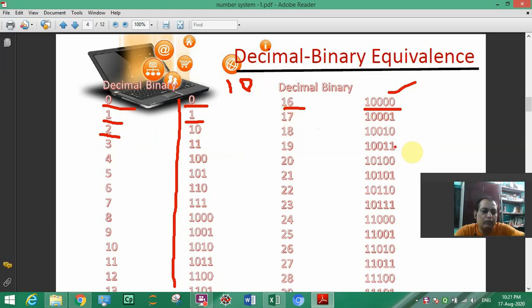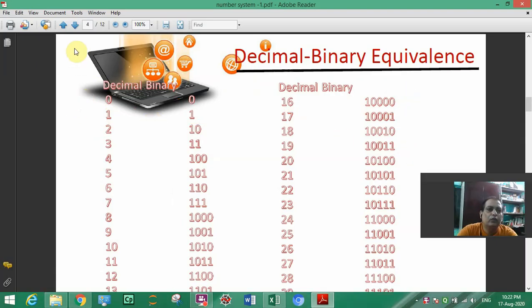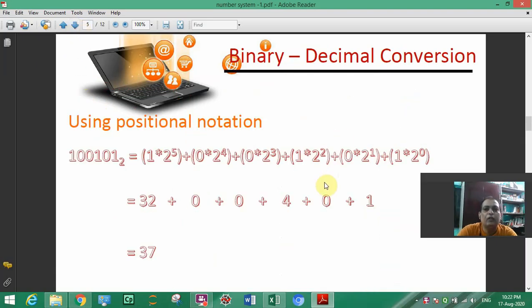So how to know the binary of 5, 6, 10 and so on? For that we will see binary to decimal conversion. Suppose one number is written in the binary number system like this, then how do we know what the value of this binary number will be in the decimal number system?